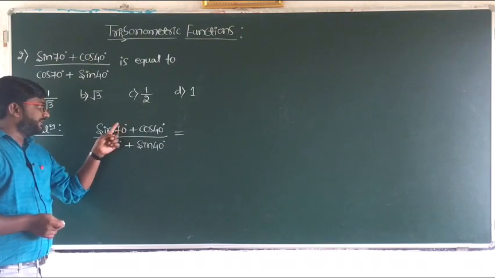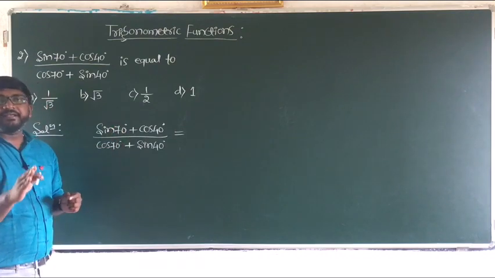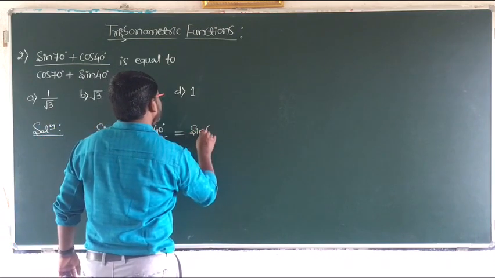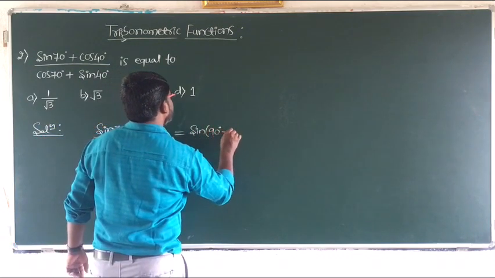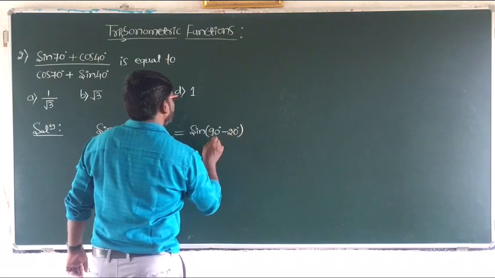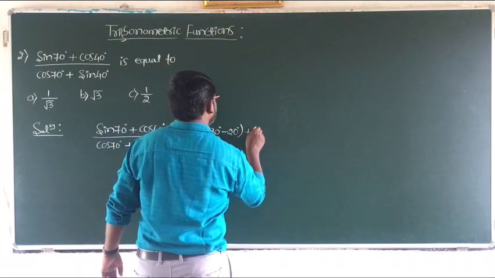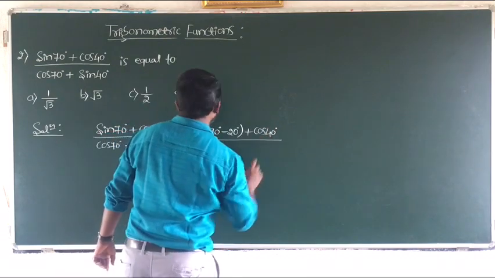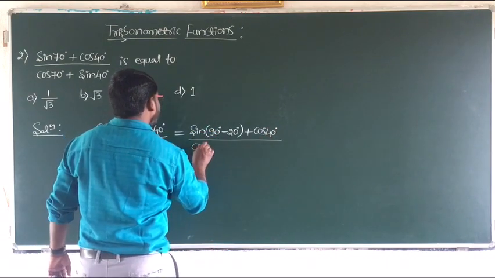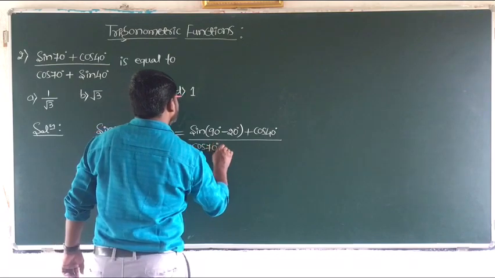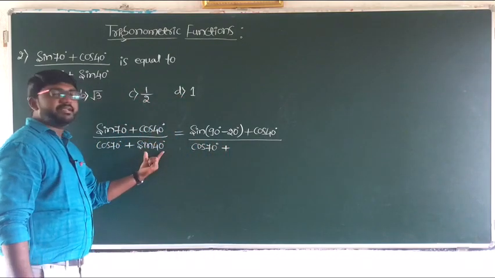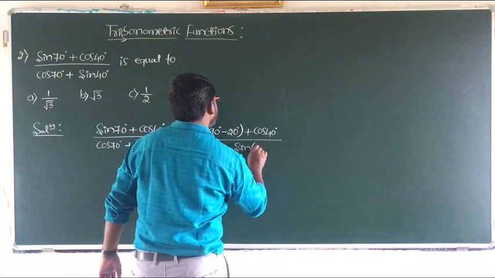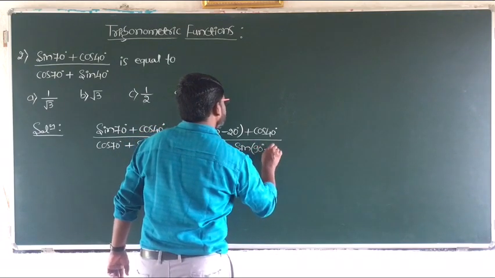Here 70 degree can be written as 90 degree minus 20 degree. So sine 90 degree minus 20 degree plus, write the second one as it is, cos 40 degree, whole divided by cos 70 degree plus, now sine 40 can be written as sine 90 degree minus 50 degree.